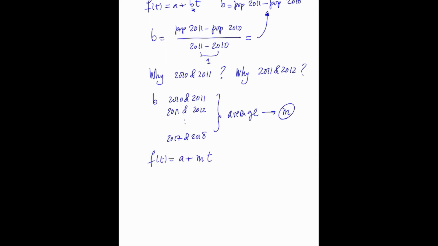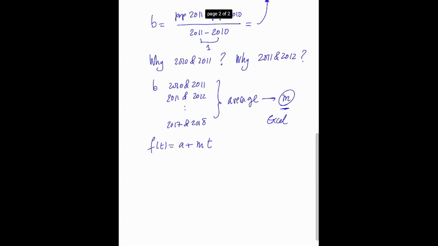I'm going to compute this in Excel in the second part of this video. Now, this is a little bit complicated, but it turns out to be much simpler. Instead of using t, we use t minus 2010, the number of years since 2010. Then how do we compute the number a? Well, the value of this function in 2010 will be a plus m times 2010 minus 2010, which is a.